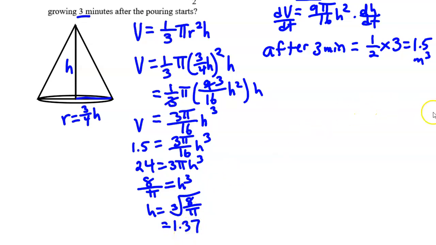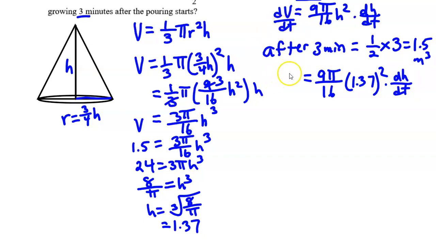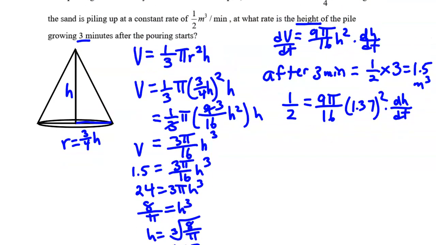Now that I've got the height after 3 minutes, I can go back to the related rates equation and sub in h, which is 1.37, squared, times dh/dt, which is what we're after. I can also sub in dV/dt, which is half a cubic meter per minute.